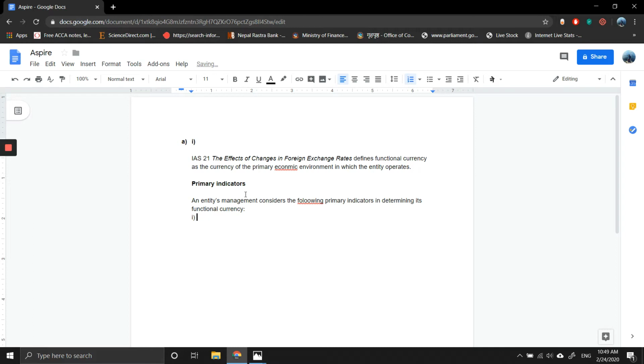The first thing is the currency which mainly influences the sales price for goods and services.